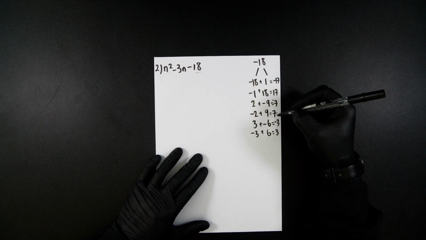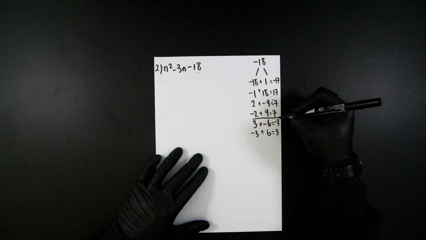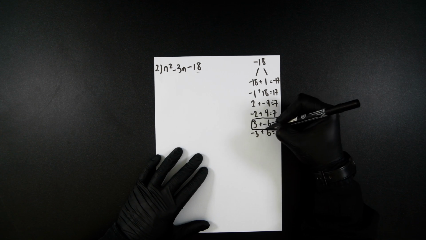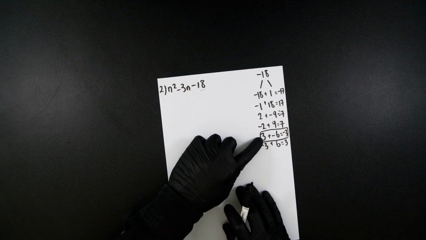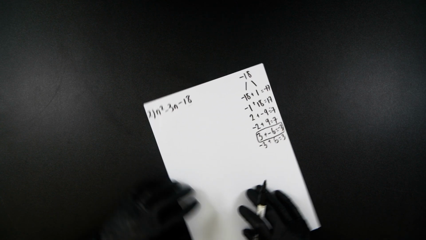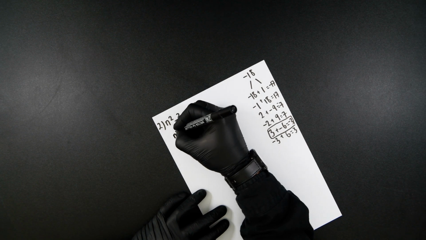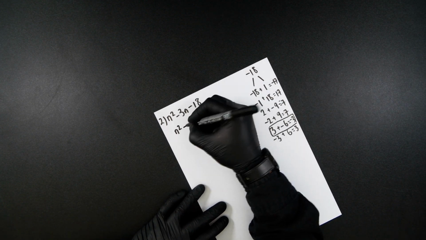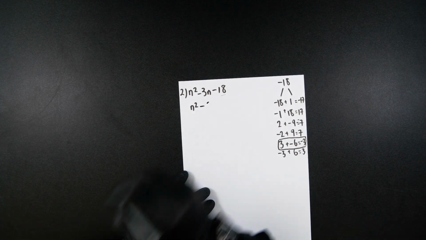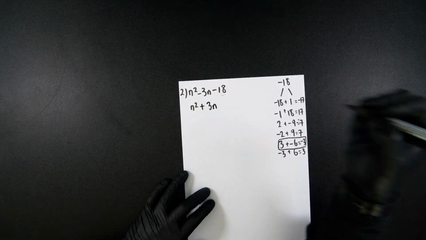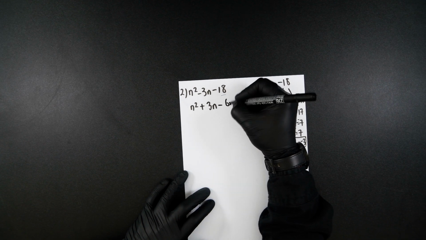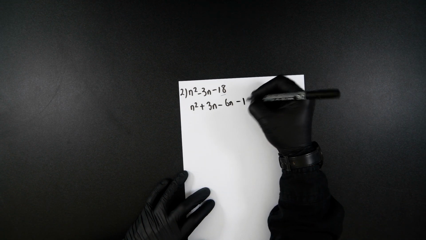So as you can see, this pair here is the same, minus 3, as we want here. So we can take 3 and minus 6 as our n values. So n squared plus 3n minus 6n minus 18.